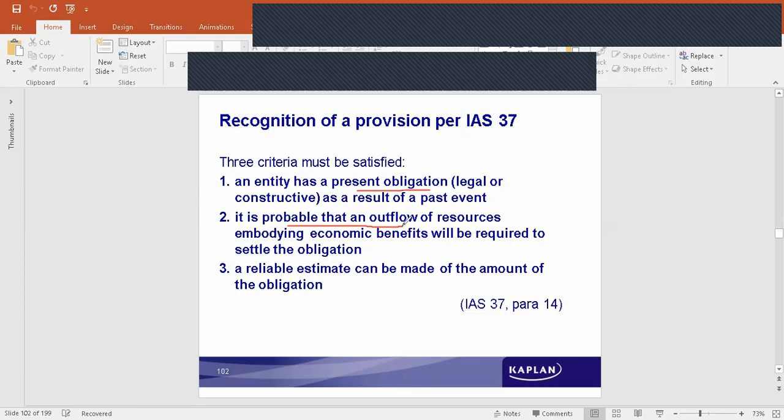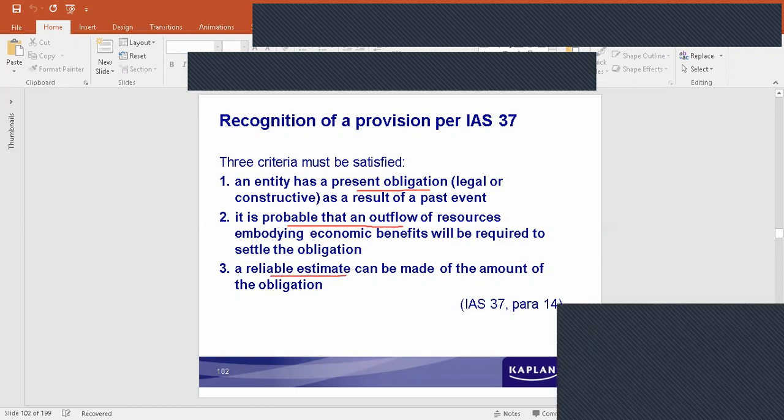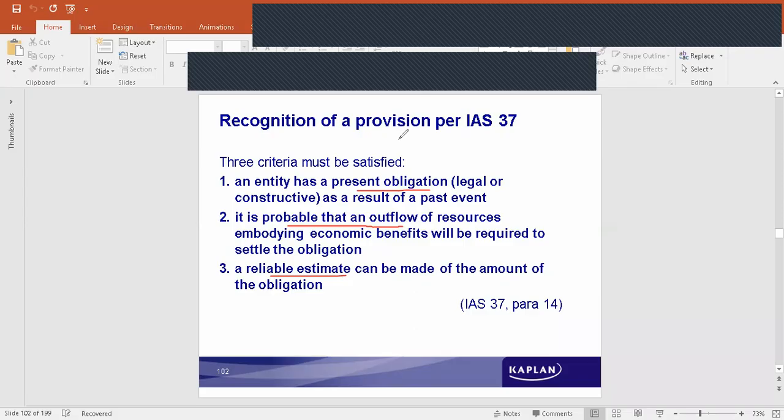The third situation is a reliable estimate can be made of the amount of the obligation. Something is possible to be estimated. If these three things are satisfied, the provision can be set aside. So they should be able to anticipate something about that transaction for the future period. Then anything very specifically set aside is called a provision.